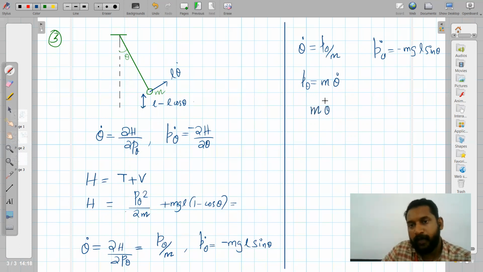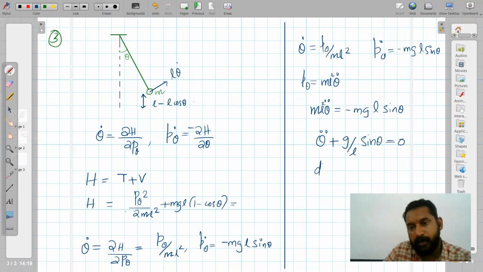That will give me m L square theta double dot equal to minus mgl sin theta. Eventually, I will get theta double dot plus g by L sin theta equal to 0, or d square theta by dt square plus g by L sin theta equal to 0.